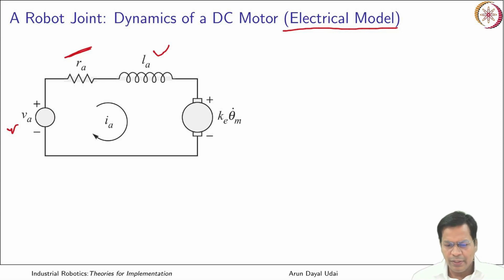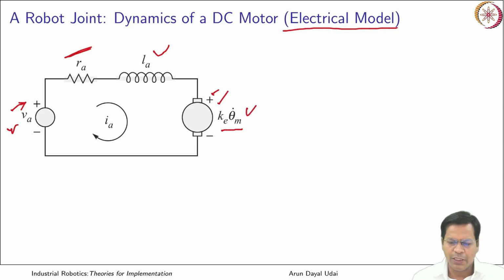And I know there is a back EMF. This is a back EMF constant, and that is giving a reverse voltage which is proportional to the speed. This back EMF voltage gets positive opposite to this. This is the back EMF constant and theta m dot. What is theta m dot? It is the speed of your armature.